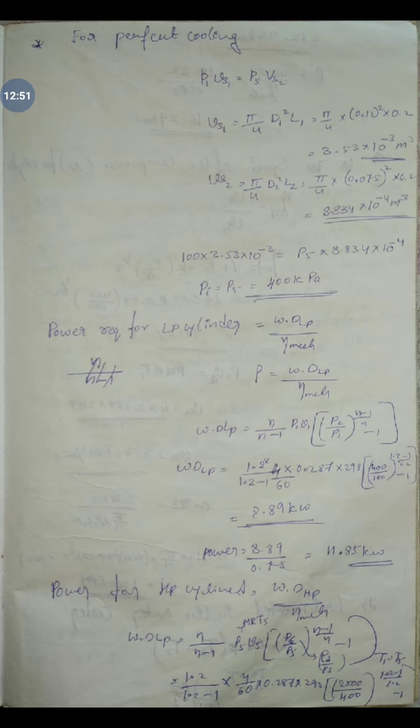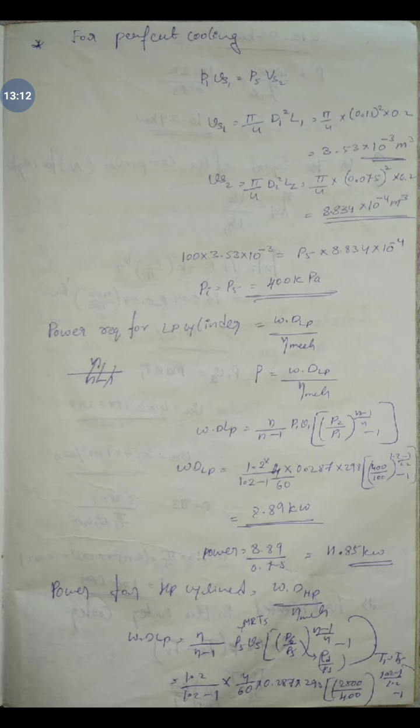It is nothing but pi by 4 d1 square L1. So he has given the bore and stroke. From this you are going to get the swept volume of the first cylinder as 3.53 into 10 power minus 3 meter cube. Similarly, swept volume of the second cylinder, that is HP cylinder, is nothing but pi by 4 d2 square into L2.